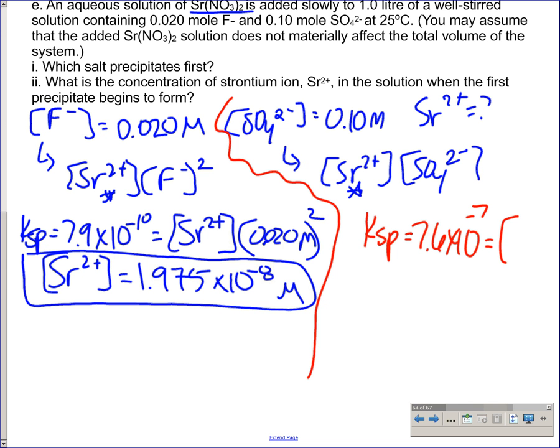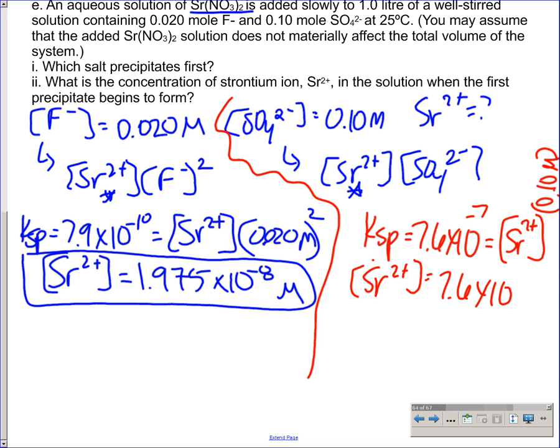Set it up equal to Sr2+ times the sulfate ion of 0.10 molar. See that? So you're just going to divide by 0.1 molar on this side and this side. So you get a final answer of strontium equal to 7.6 times 10 to the negative 6.